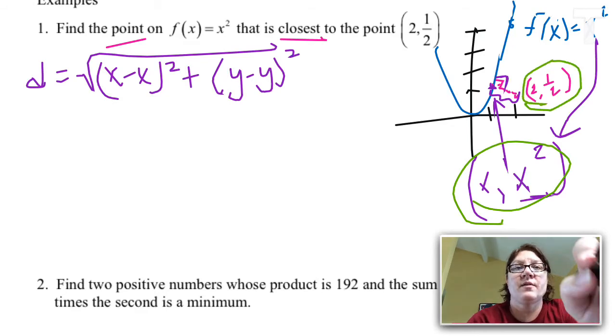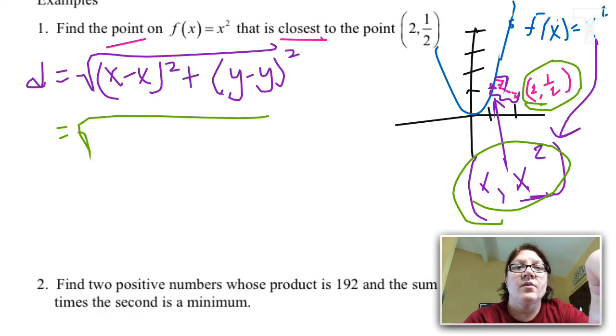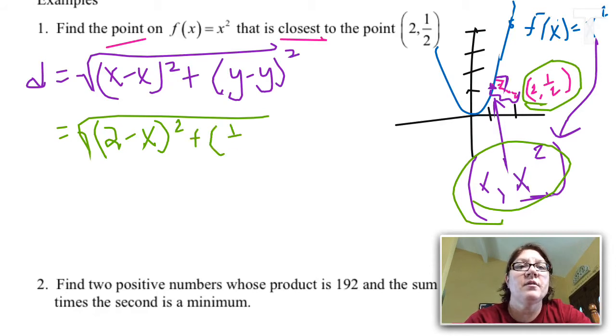That's what I'm trying to find the distance between. So I'm going to plug them in. So I'm going to do 2 minus x and 1/2 minus y, noting that my y value is really x squared.